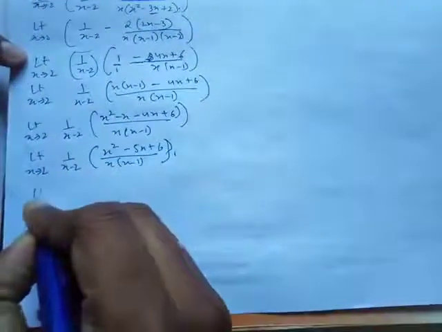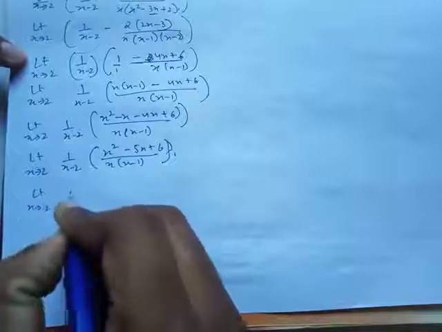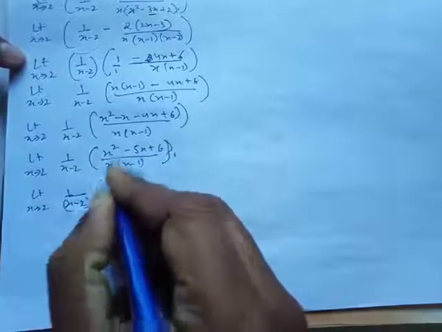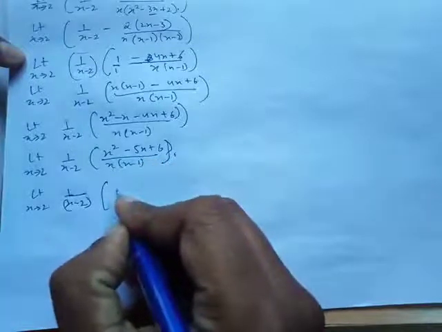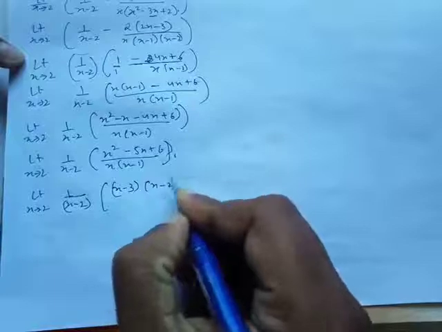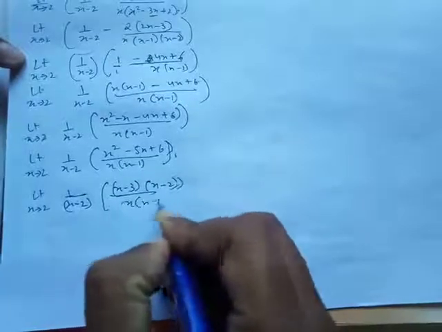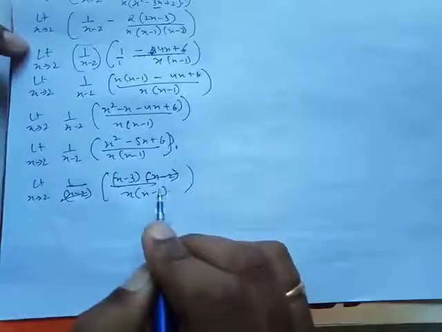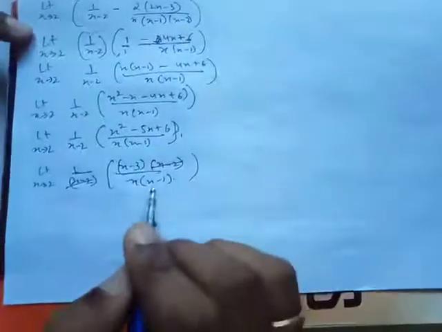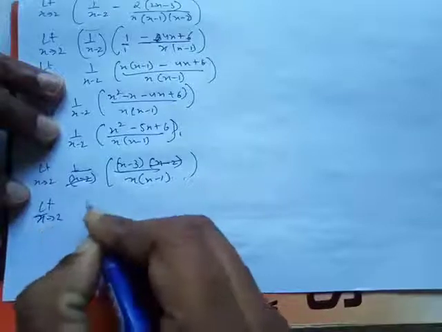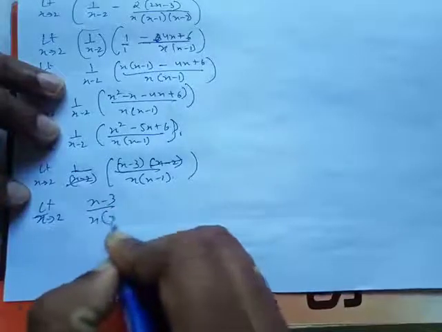So this is going to be limit x tends to 2, 1 upon x minus 2, and over here if you break this, the answer is going to be x minus 3 into x minus 2 and x minus 1. Okay, now you guys can see this and this are getting multiplied and they are upside down, so they are going to get cancelled. So what is left? Limit x tends to 2, x minus 3 over x minus 1.